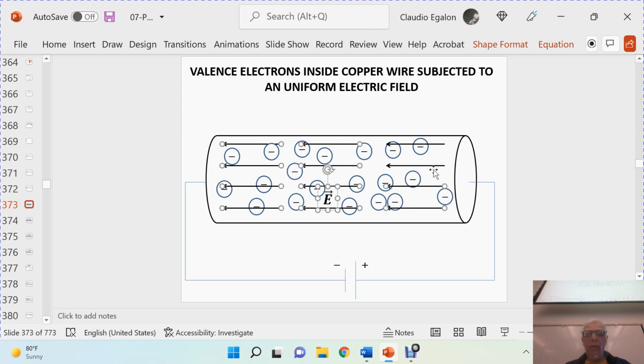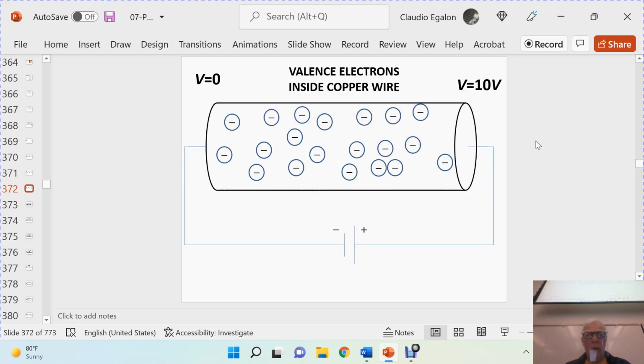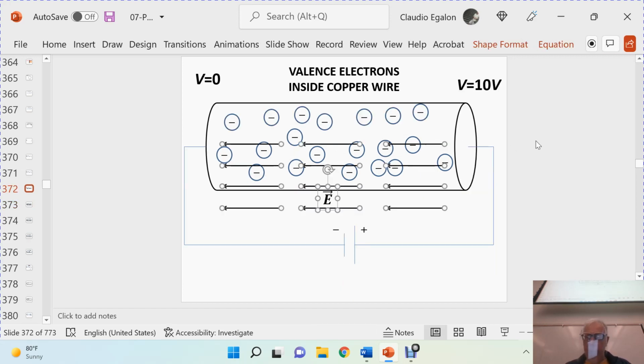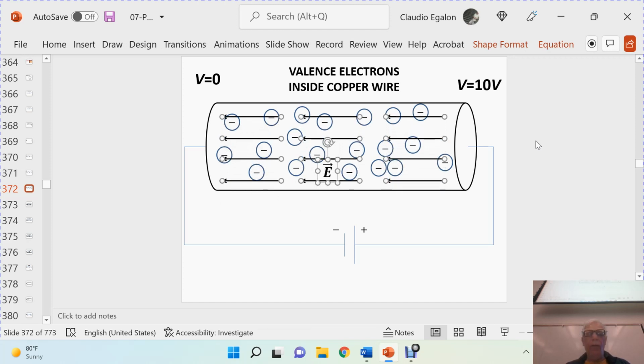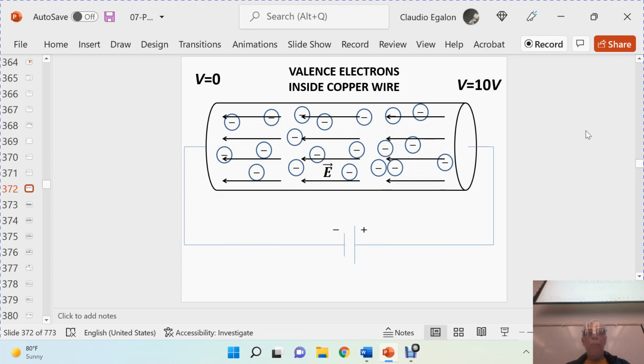But it's very difficult mathematically. So we don't do that. So what we do is just tell you that so you can believe in this model. Here you go, the electric field. And there is more. The electric field inside your wire is constant, is uniform, just like that. It's possible to prove that mathematically.